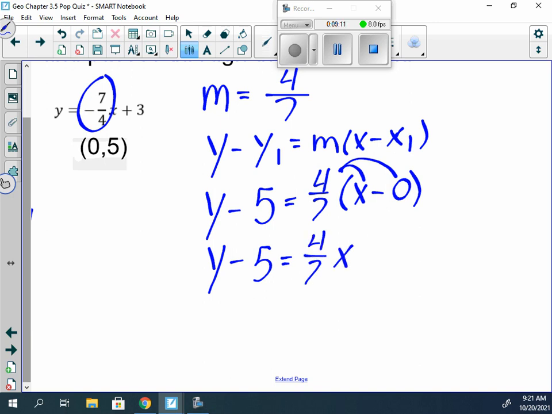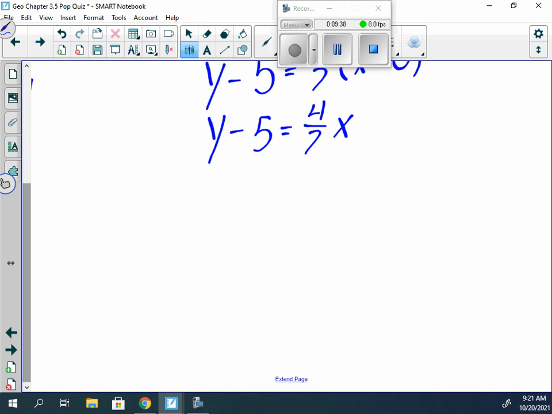Anybody notice that when we do that in multiplication, it still ends up being the slope times x? It'll work out that way every single time. What is 4/7 times -0? It's just 0. Do I need to put anything there?